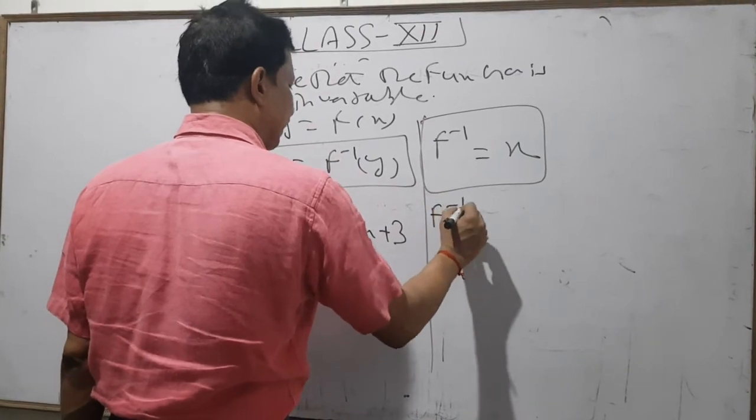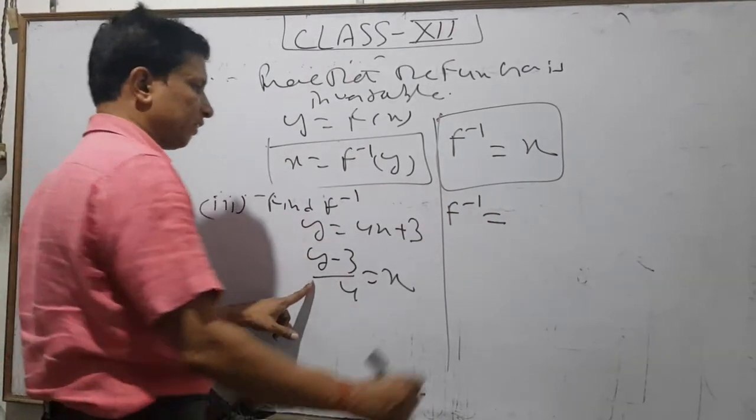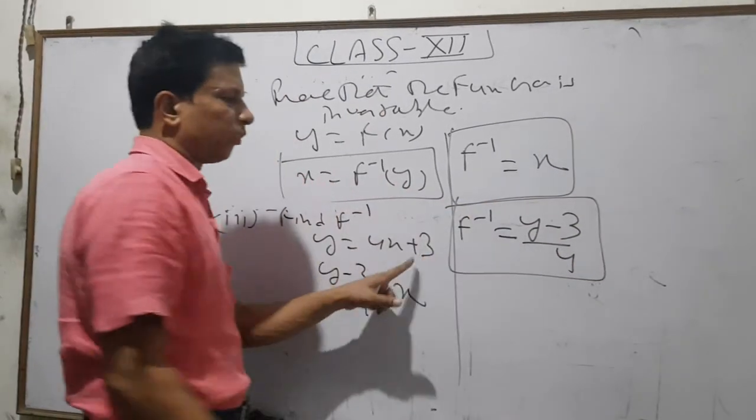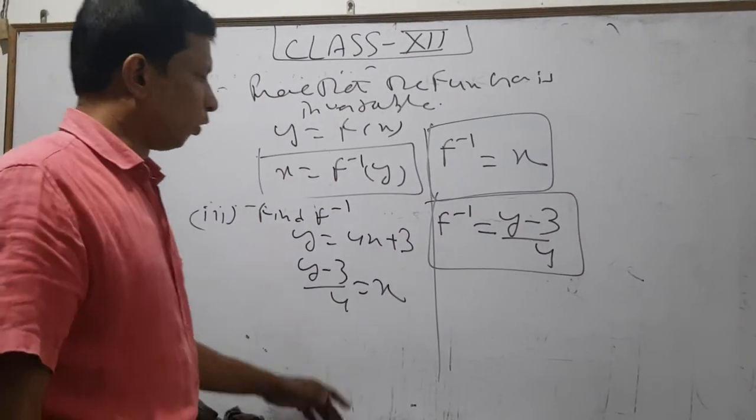And the result of this f inverse is, in place of x, (y - 3)/4. This is the result of f inverse. Note down this one.